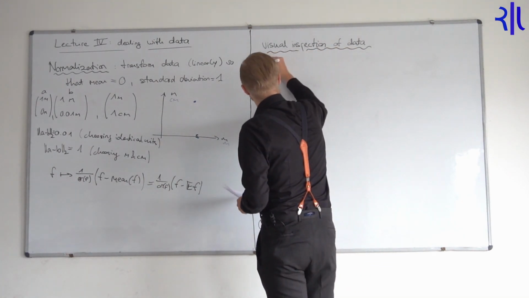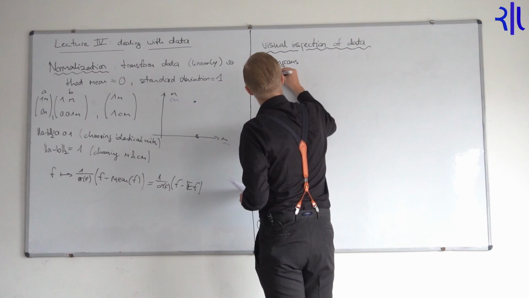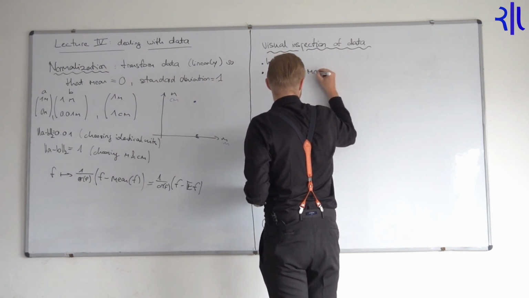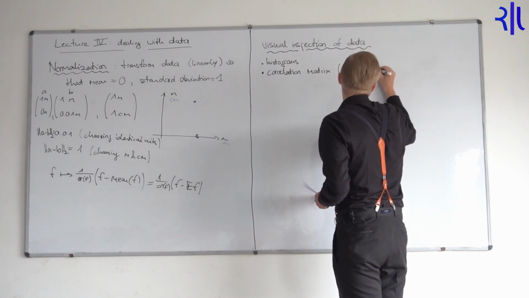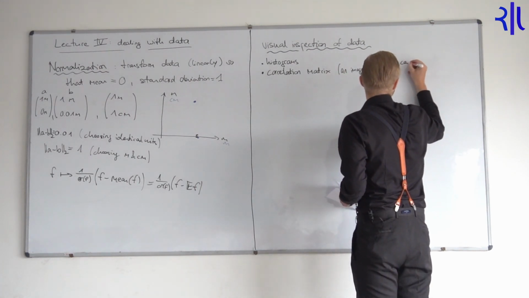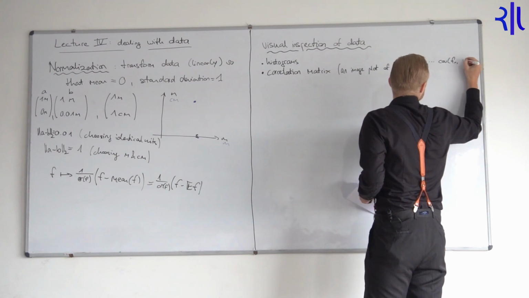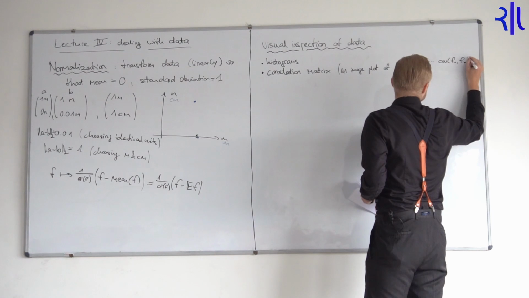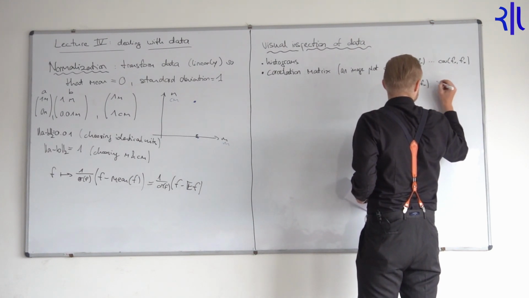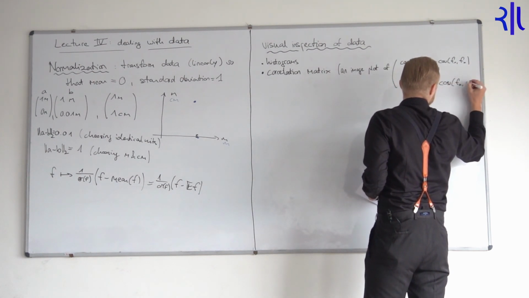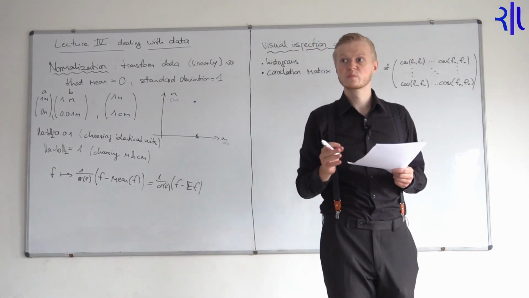So you should look at things like histograms, correlation matrices, which tells you how two features are correlated.